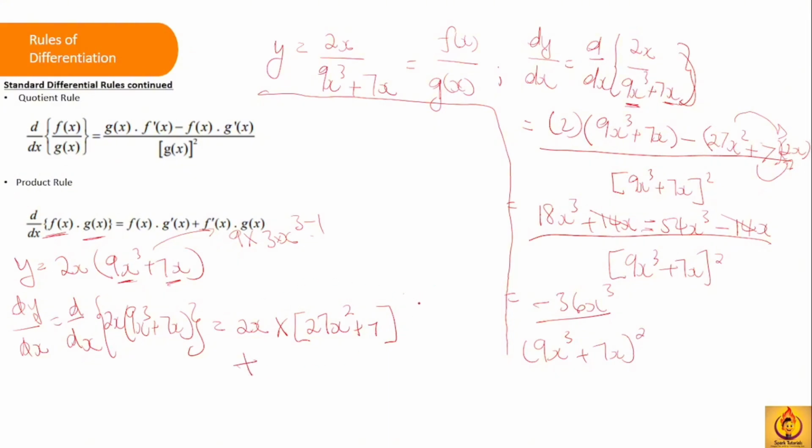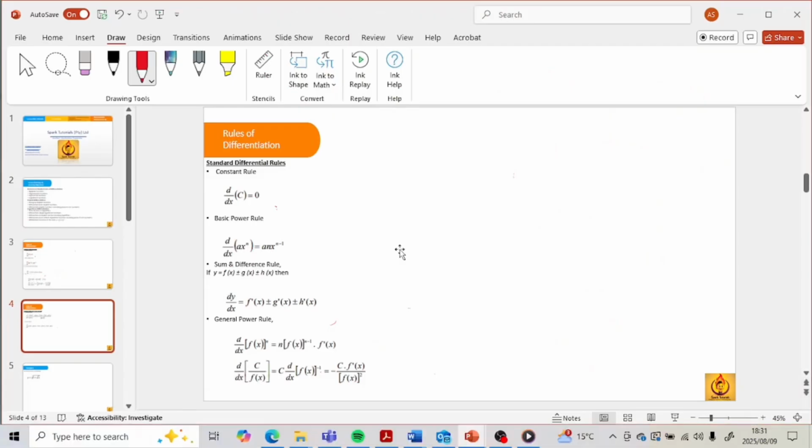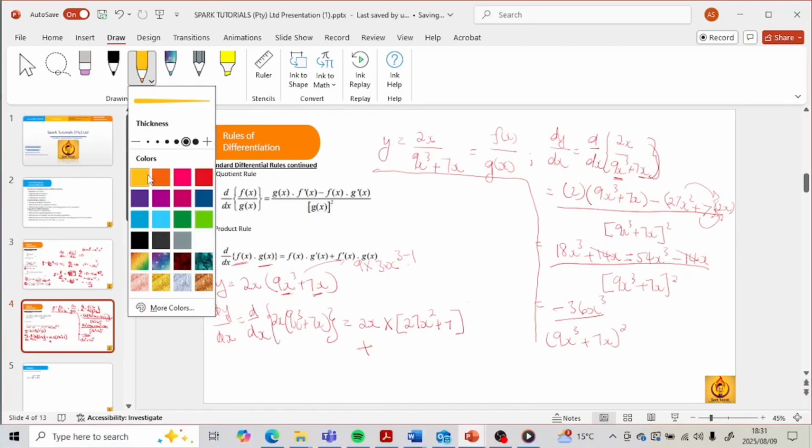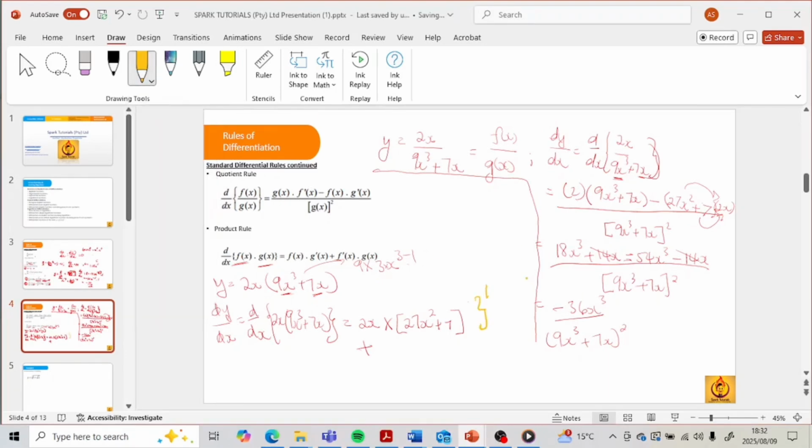Wait, let me do something. Sorry, I just want to use a different color just to emphasize this. This is our first product.